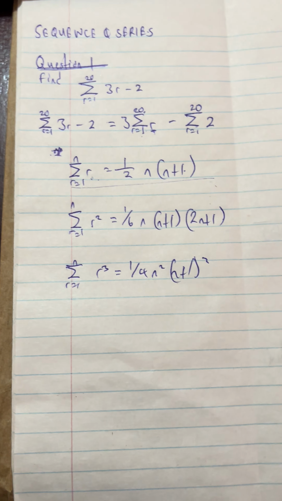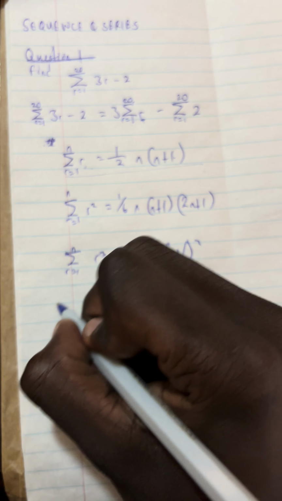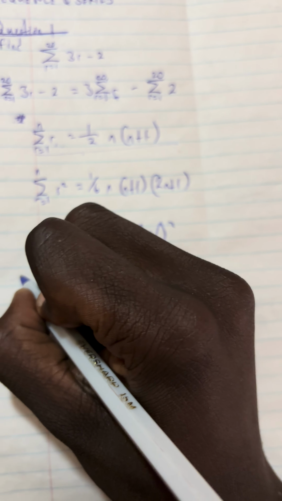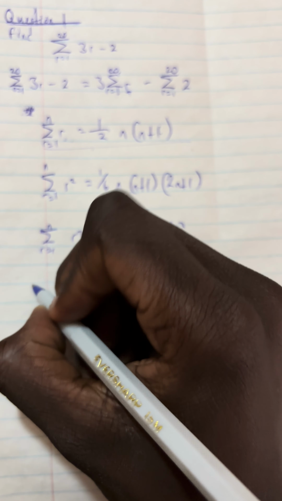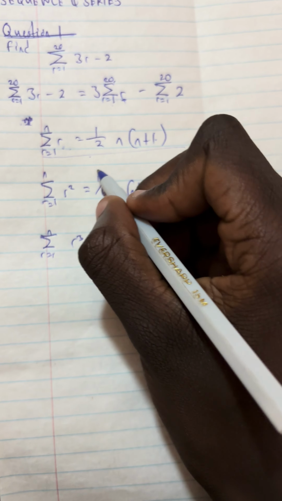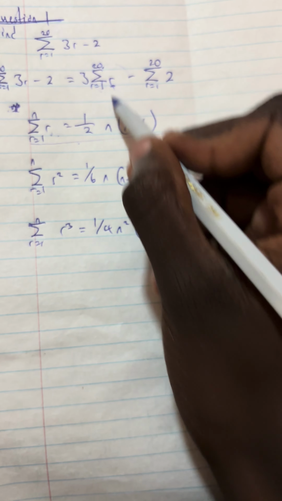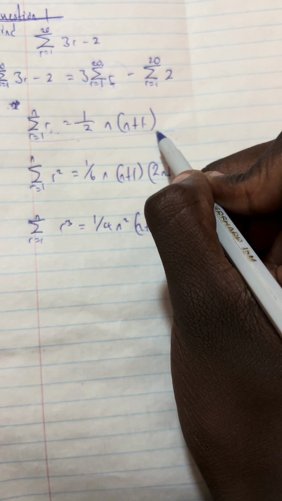Wait, let me just fix it. Okay, now it's blurry. Anyway, it's simple stuff. You just need to know which formula to use, then substitute what you were given. I hope you get the point.